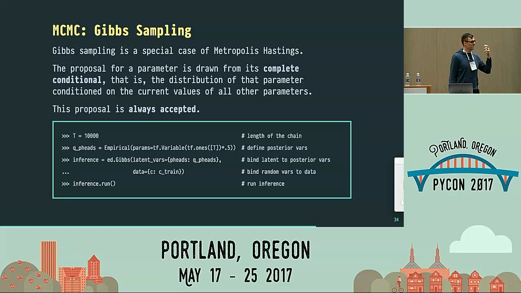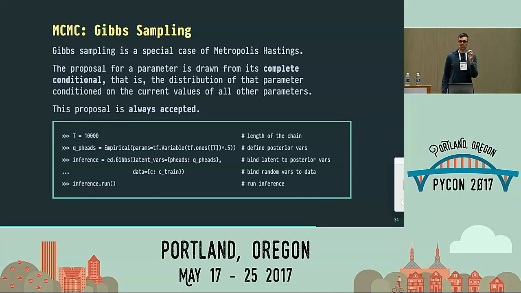So you say, I don't know, I want to draw random numbers from 0 to 1. For Gibbs sampling, the proposal is provided by the method itself. In this case, the proposal comes from the so-called complete conditional. That is the distribution of a certain parameter conditioned on the current values of all the other parameters.